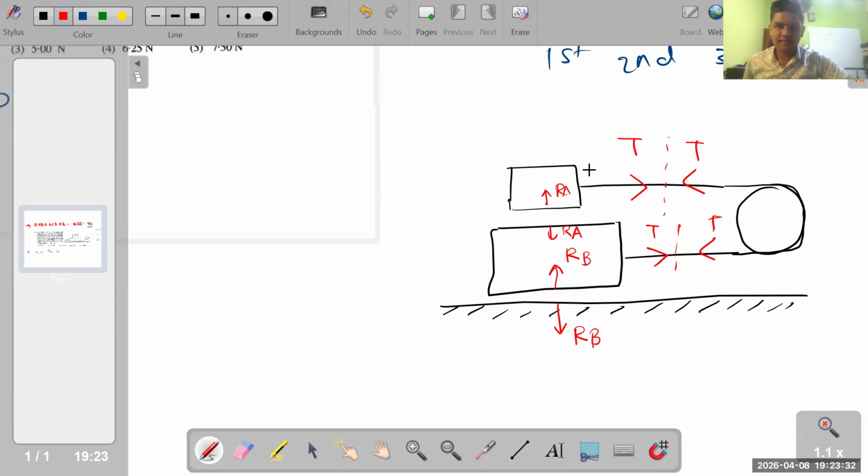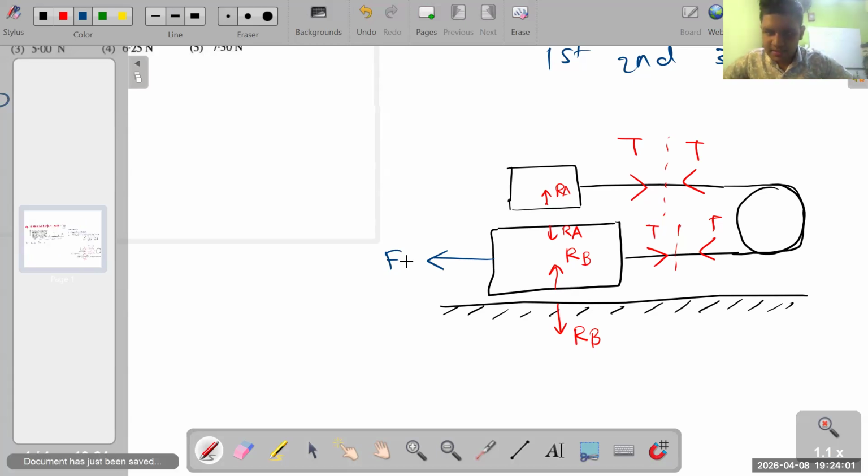Fine. So they have said that we are externally supplying a force, which is F. So this is also a force. Just think, if there's a mass on top and B is like this, they are pulling the bottom mass in this direction.